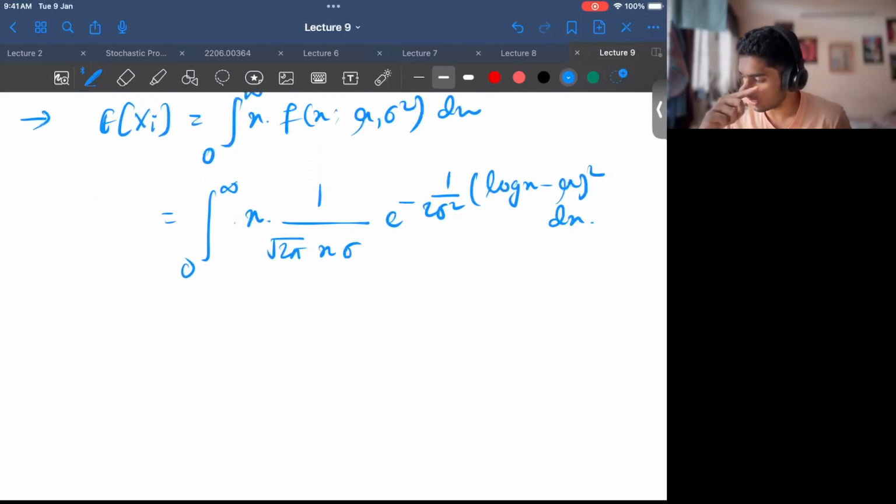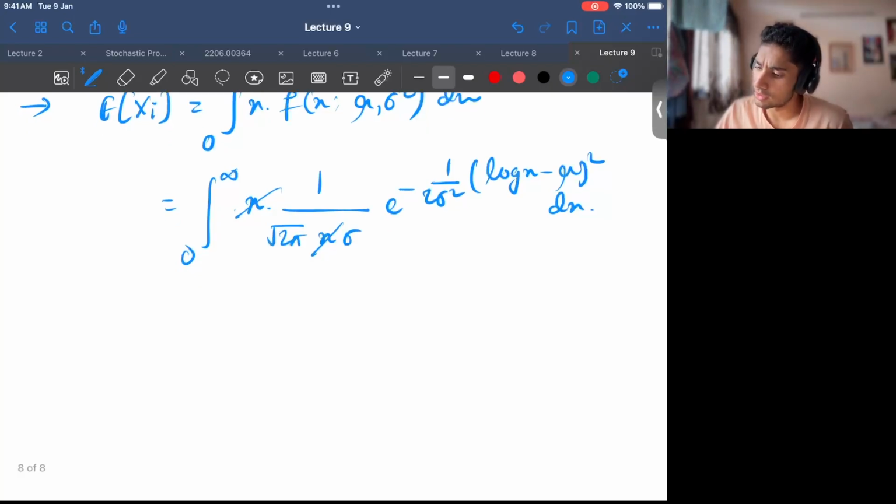Right? This is given to you. So x gets cancelled. What is this integral?